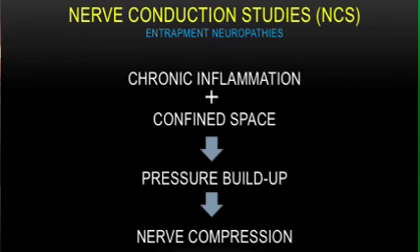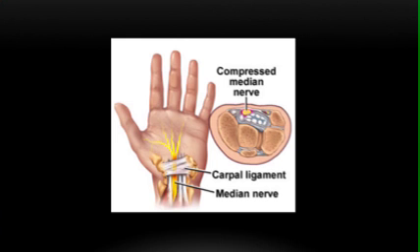So when we talk about the entrapment neuropathies, which again pertains to us, what are we talking about? We're basically talking about chronic inflammation within a confined space. For example, in carpal tunnel, you get the repetitive use, overuse syndrome with the chronic inflammation at the wrist, the tendons, the ligaments. This chronic inflammation causes not only a buildup of swelling, but also buildup of scar tissue.